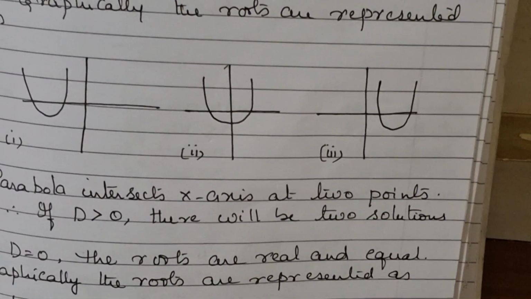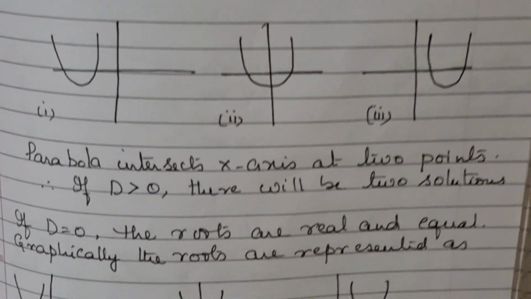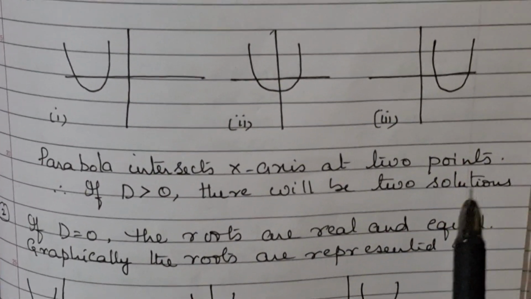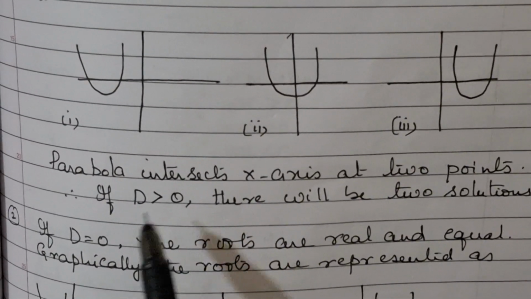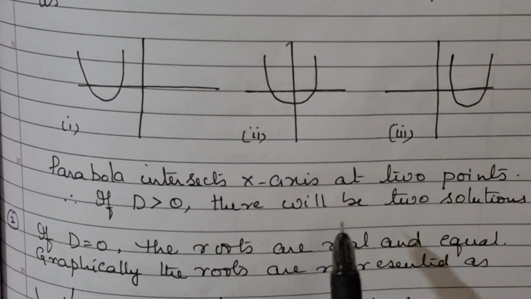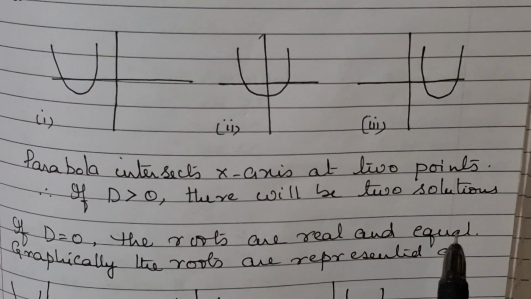That means the parabola intersects the x-axis at 2 points. So if the discriminant is greater than 0, there will be two solutions.